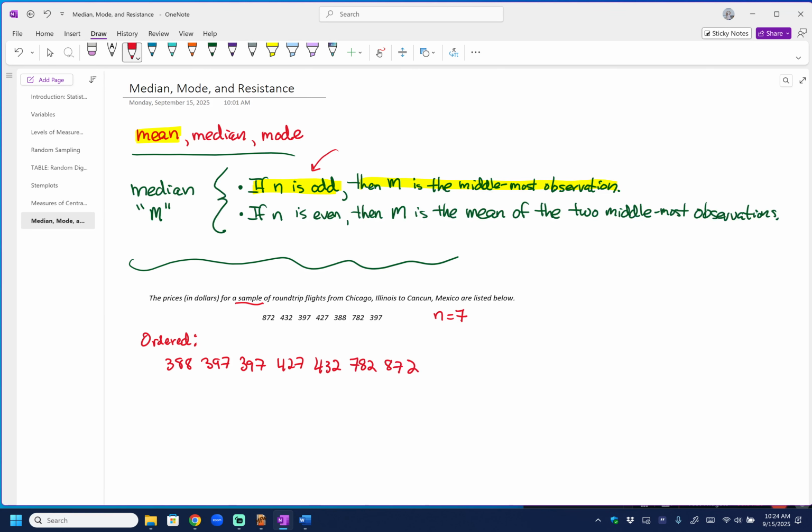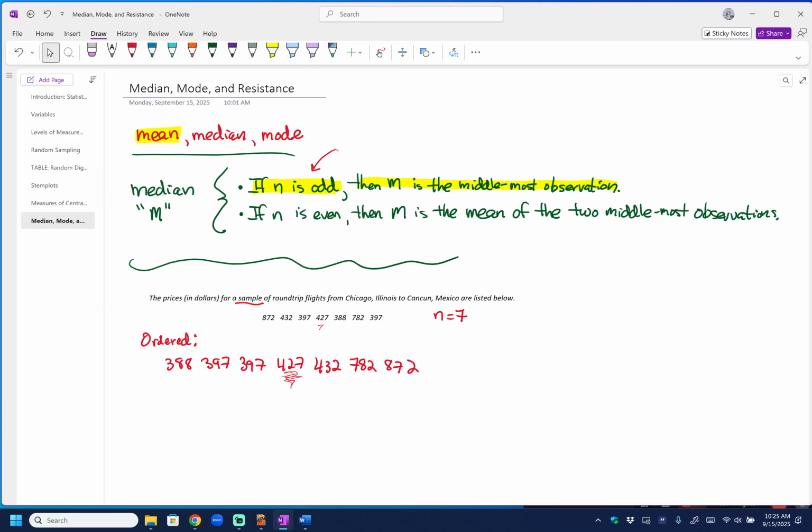Okay, so we have an ordered data set, and if we look through this very carefully, in the 7 data entries, it's very clearly going to be 427, just a coincidence obviously from the one up here, but 427 is going to be our median because it's the middlemost data entry.